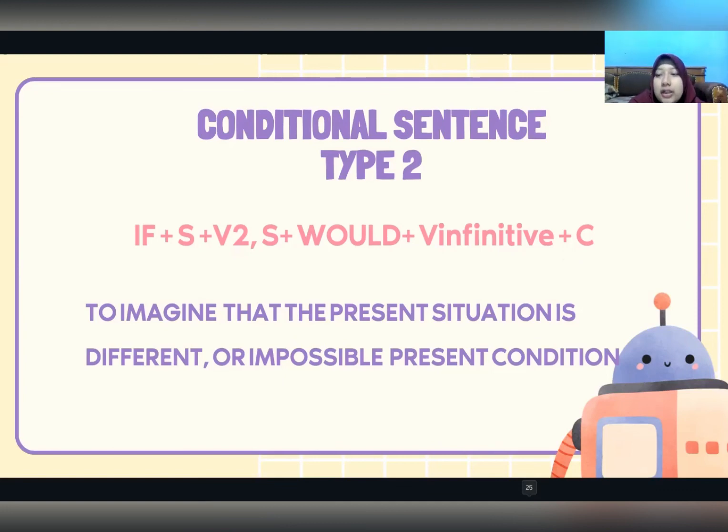The function of conditional type 2 is to imagine that the present situation is different, or an impossible present condition.